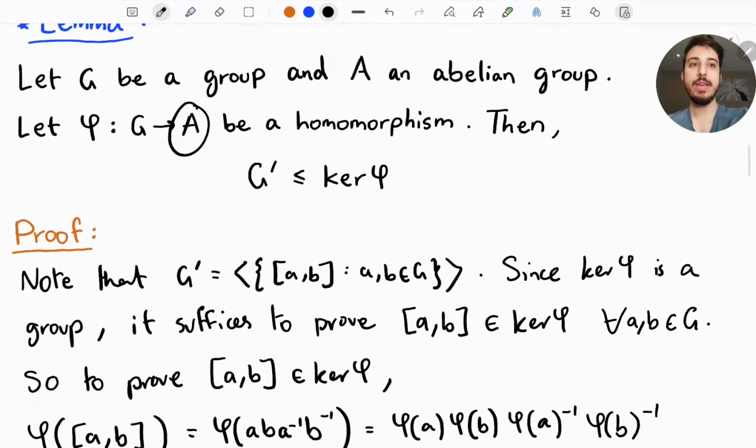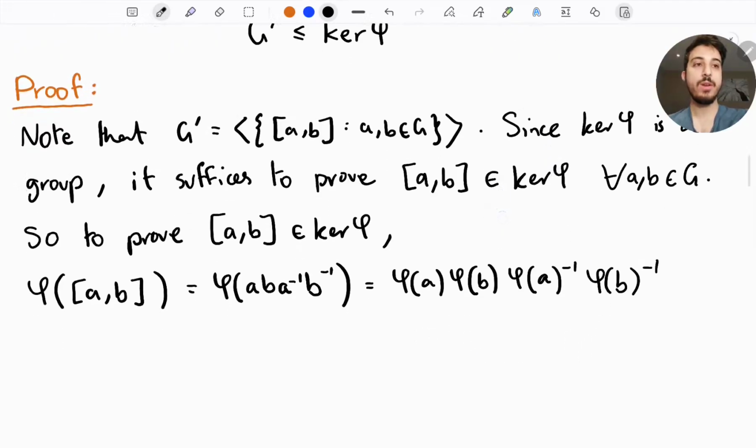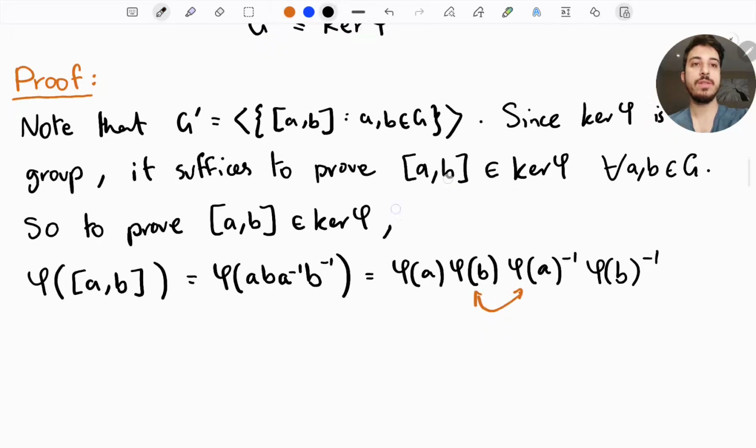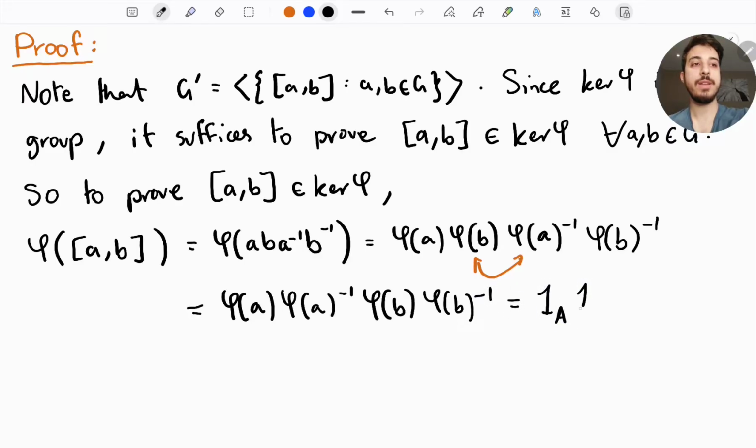The image is in A, and A, we've said, is an abelian group, so we can commute the images phi of a, phi of b, phi of a inverse, phi of b inverse. In particular, we can switch around the places of phi of b and phi of a inverse to get us phi of a times phi of a inverse times phi of b times phi of b inverse, to give us the identity in A times the identity in A, which of course is the identity in A. Thus, this element is in the kernel of phi.